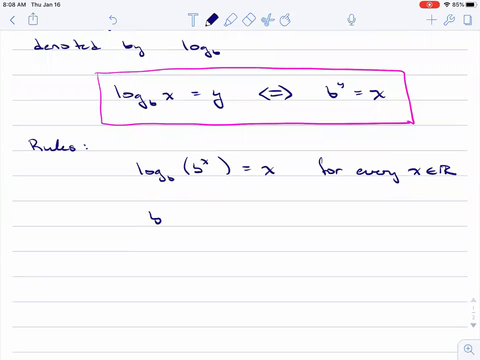And b to the power of log base b of x, notice that these are all the same bases, is also equal to x for every x greater than 0.